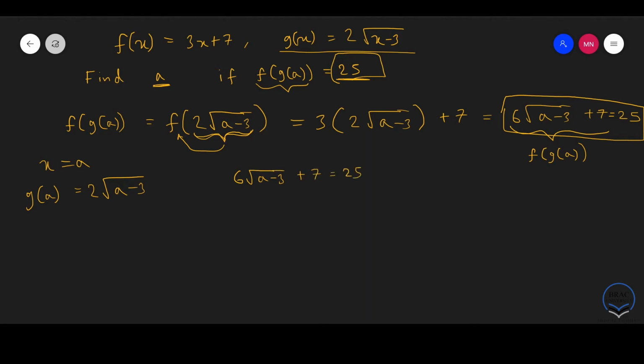Subtract 7 from both sides to get 6 times square root of a minus 3 is equal to 25 minus 7, which is 18. Now we can divide both sides by 6, and this gives us square root of a minus 3 is equal to 3. Now we can square both sides to get a minus 3 equals 9, and from this we find that a is equal to 12.